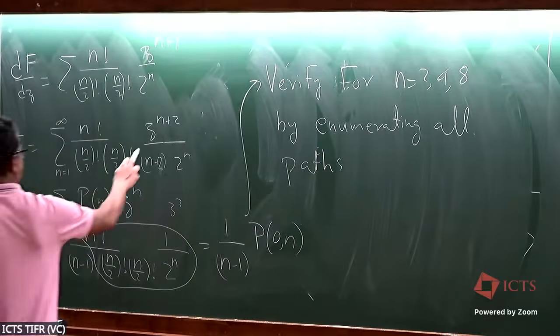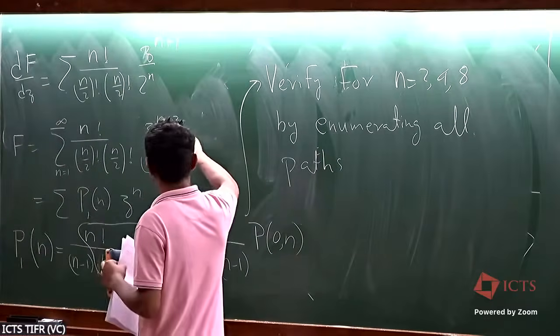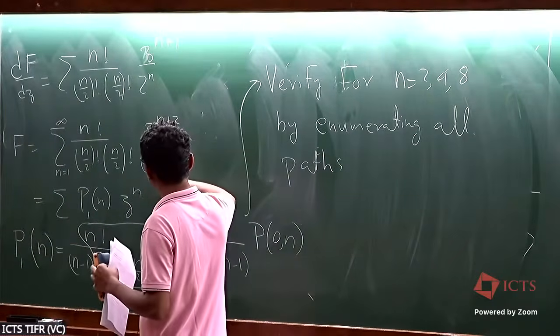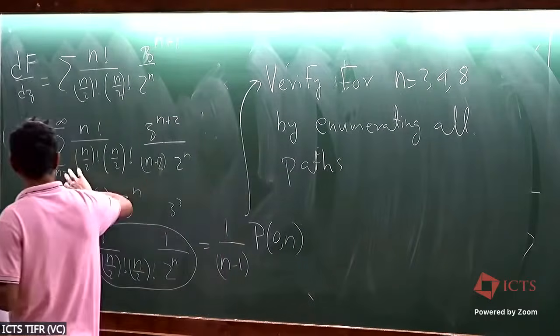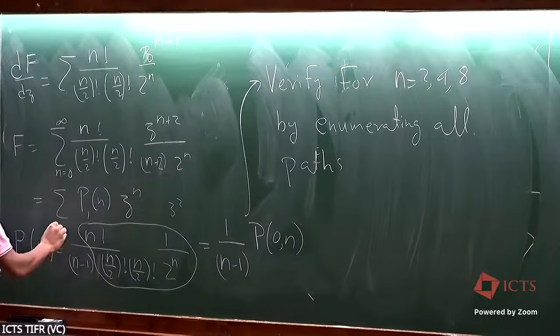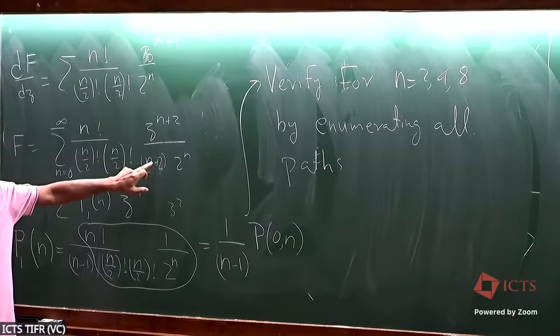Here this is z square and here also z square. So if we put 2, yeah, I can put 0 to infinity. But he's asking that here it should be n minus 1. Why is it n plus 2?